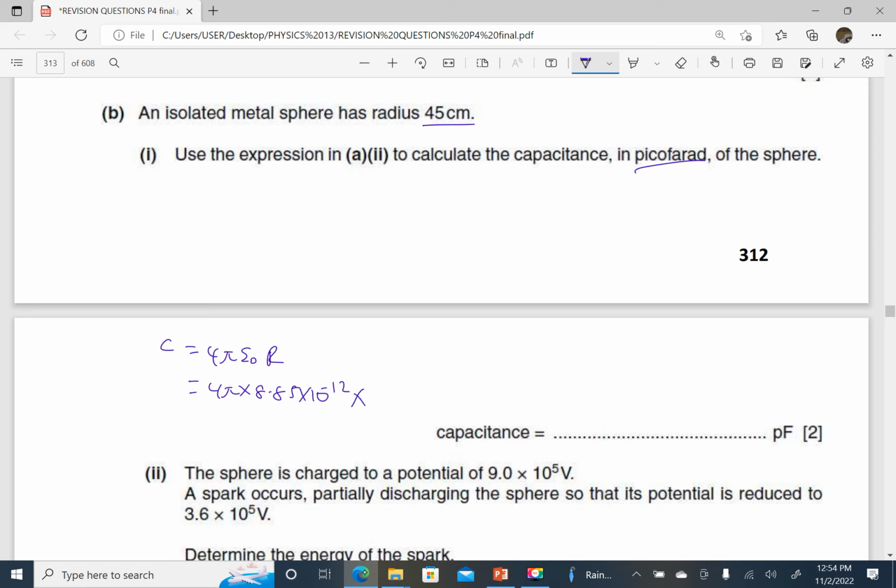R is 45 centimeters, that is 45 times 10 power negative 2. When I press my calculator, I am getting 50 picofarads. Let me check again.